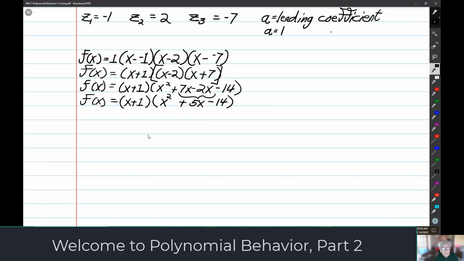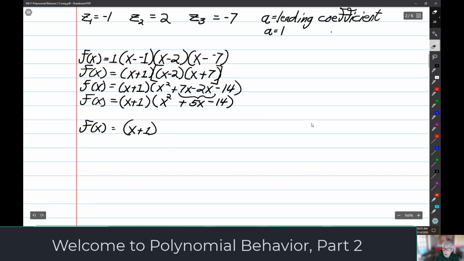Now, I've got x plus 1. Okay, now watch this. I am going to do the following. So that's why I skipped a place so you could see clearly.